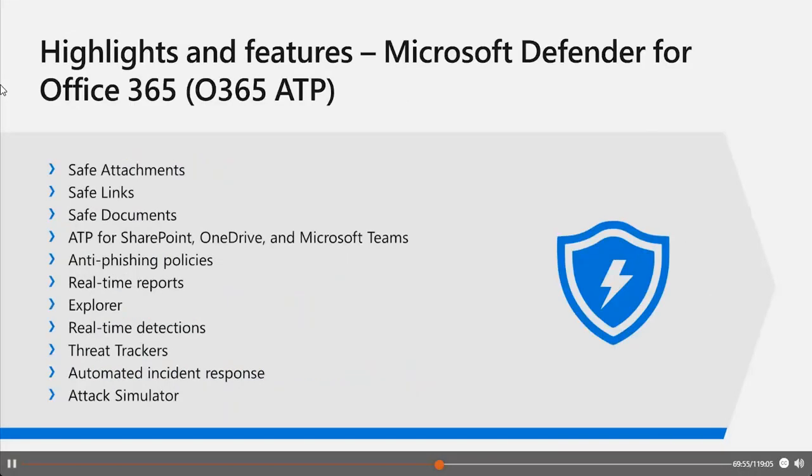Okay, let's go to the highlights and features of Microsoft Defender for Office 365, or, for short, Office 365 ATP. There are a lot of capabilities we have known for a while in this suite. Safe attachments protects against unknown malware and viruses, and provides zero-day protection to safeguard specifically your messaging system.